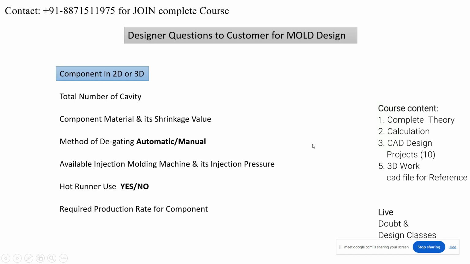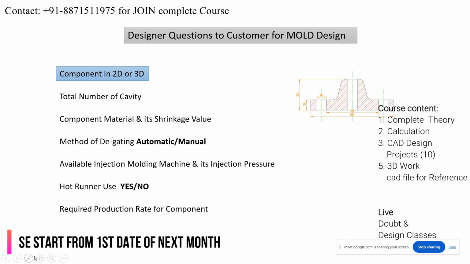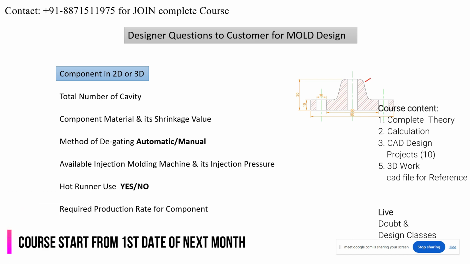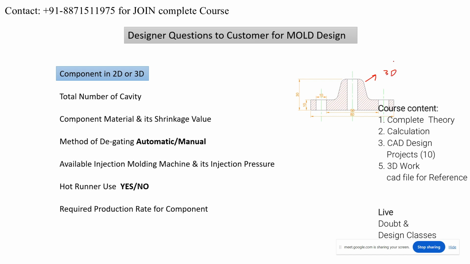So for the design engineer, these are the questions you have to ask the customer. First of all, what is the component? If the customer is providing a component, is it in 2D or 3D? If the customer provides 2D data, it means you have to prepare the 3D of this 2D.